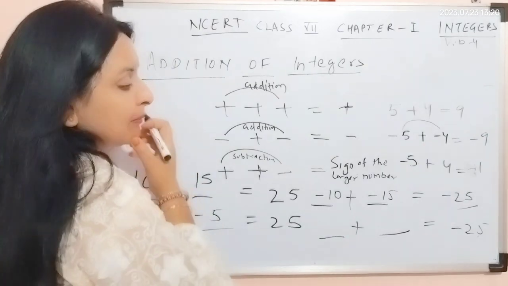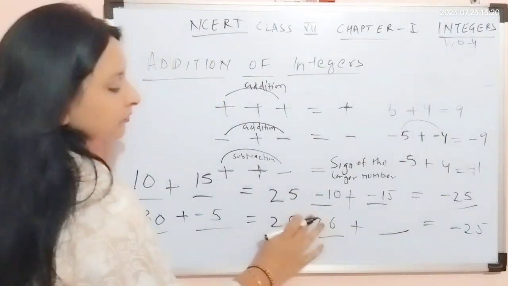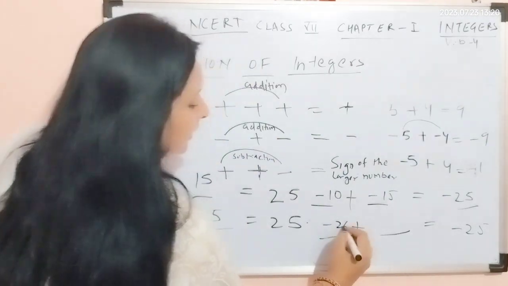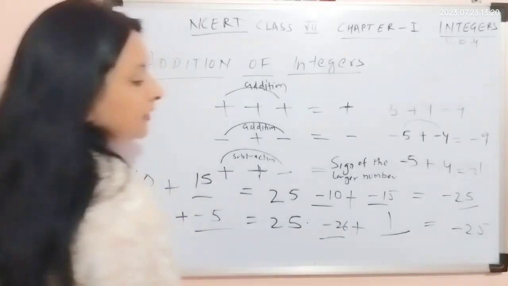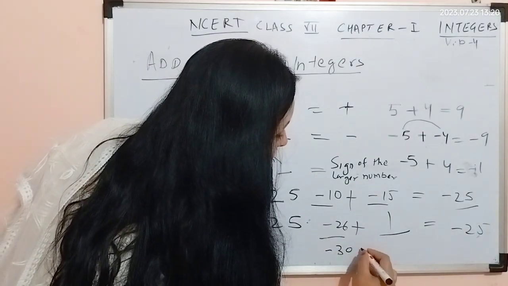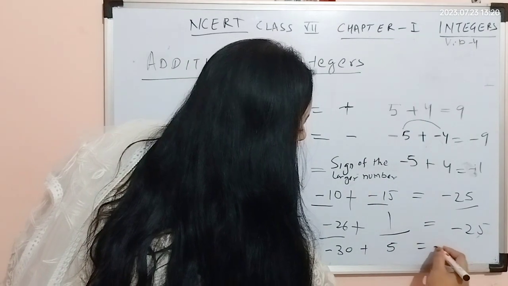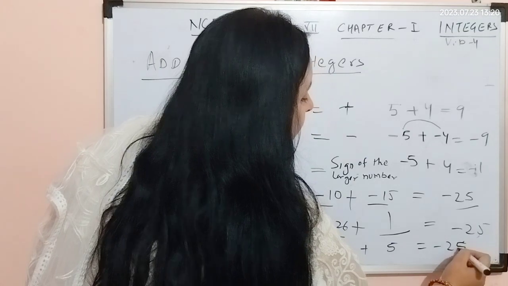We can take any number. This time we are taking minus 26. So if we take minus 26, we have to add one positive number, so minus 26 plus 1 is equal to minus 25. We can take some other options as well, minus 30 and we can take 5, that is equal to minus 25. So in this way we will solve the questions given in NCERT.